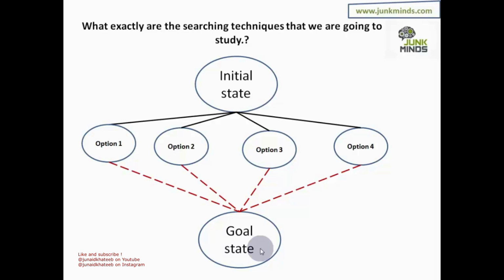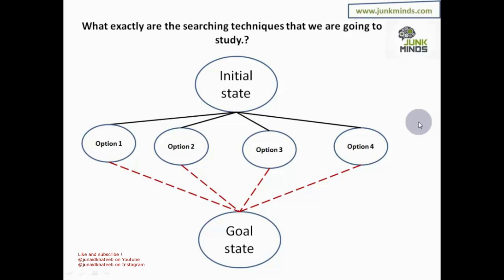Please understand this, that the condition of optimality is applicable at all times. Never ever is an algorithm with a non-optimal solution acceptable to us. So we want the techniques to find the best possible solution for reaching this goal state from the initial state, and whatever techniques we study, this is exactly what they are going to do.